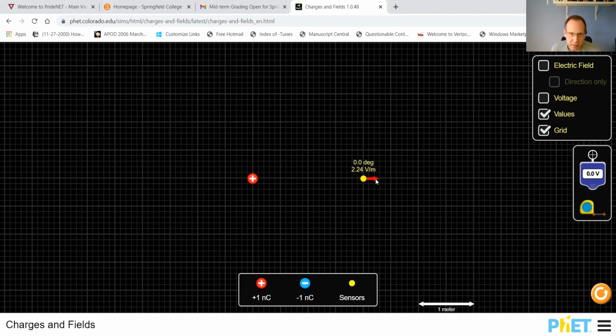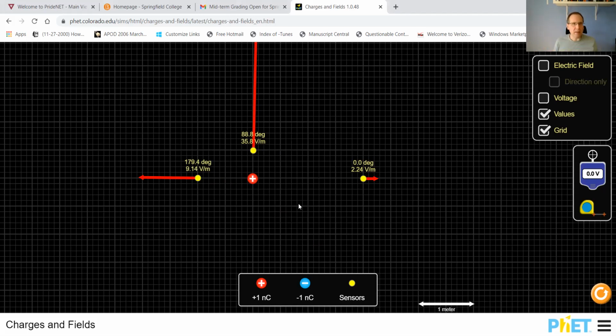It says it's at 0 degrees and the magnitude is 2.24 volts per meter, if you have a 1 Newton Coulomb charge here and we're measuring it at 2 meters away from that charge. Okay, so you're just going to put the sensors at the different locations that were given in the handout. You don't have to worry about the angles. You're just going to look at the magnitudes for now. Compare your computed values to what you measure here in the simulation.